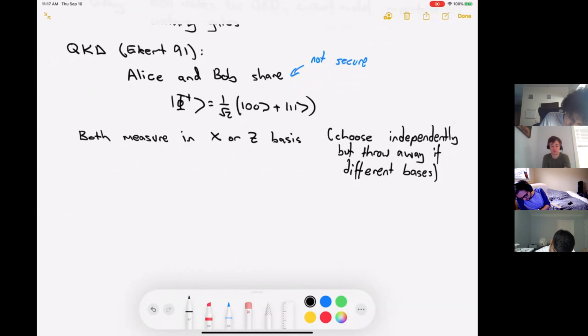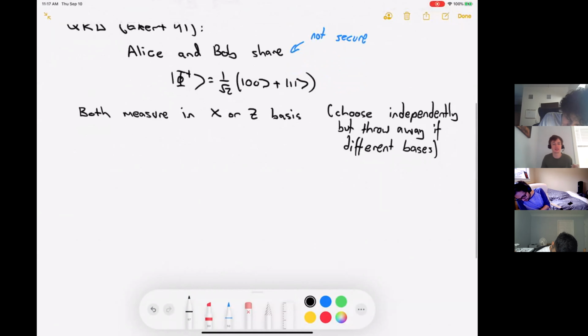So now, in all the Bell pairs that we're keeping, they've either both measured in the Z basis, i.e. the 0, 1 basis, or they've both measured in the X basis, i.e. the plus minus basis. Right?